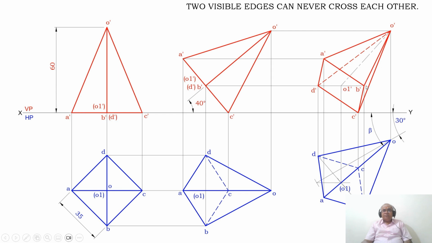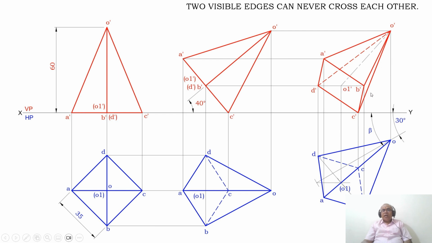As we see, A dash B dash is visible. Since D dash O dash is crossing that visible edge, therefore apply the condition that two visible edges can never cross each other. That means once A dash B dash becomes a visible edge, obviously D dash O dash is crossing that visible edge. Therefore, D dash O dash should be a dotted line.